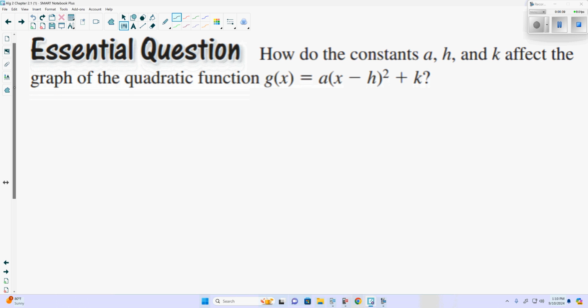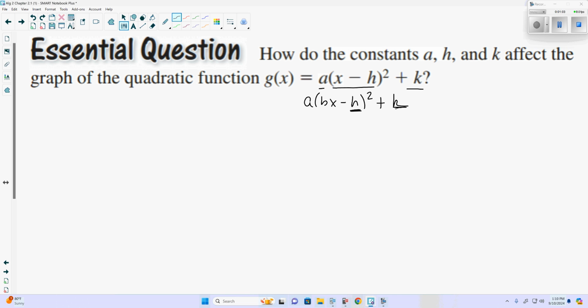Now, when we look at the quadratic function here, a times (x minus h) squared plus k, or we could say a times (bx minus h) squared plus k, there's a few different things. H and k. H is left and right. We talked about this in the last chapter. Whatever the value of h is tells us how far we move the graph to the left or to the right.